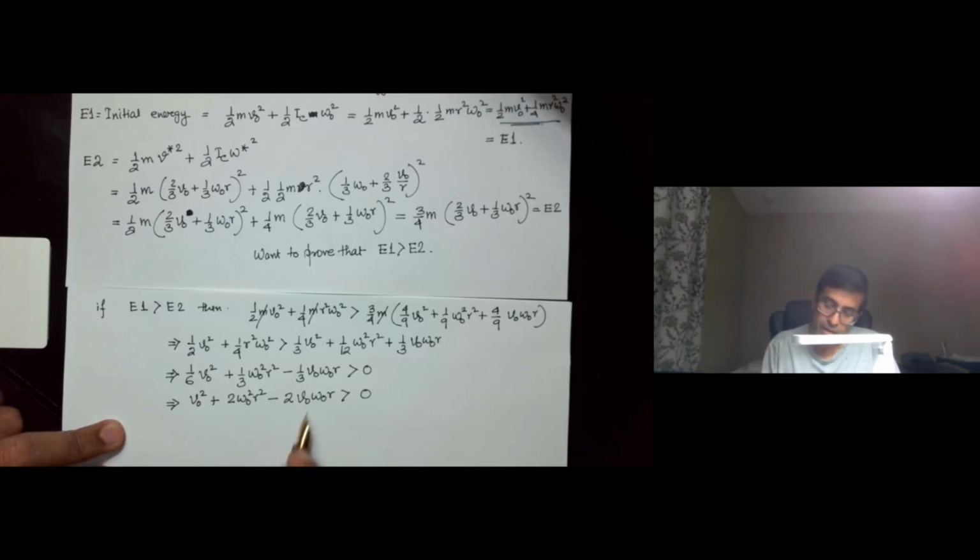Okay, so note that I can write this as V naught minus omega naught r whole squared plus omega naught squared r squared.